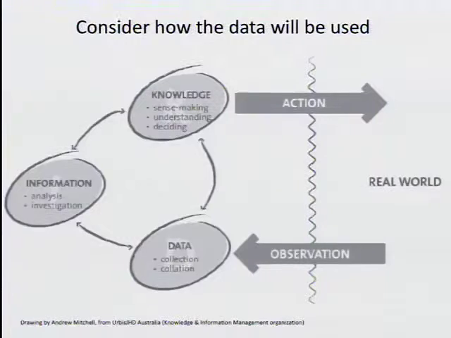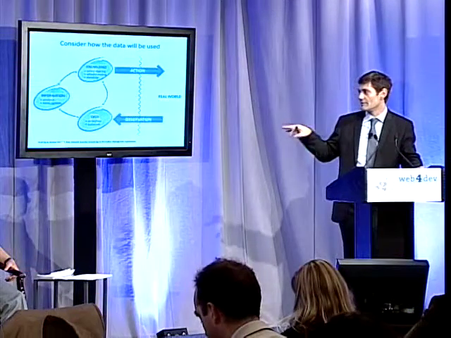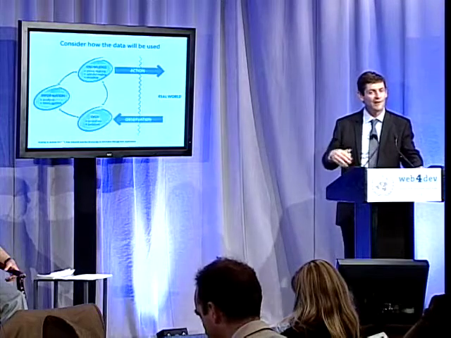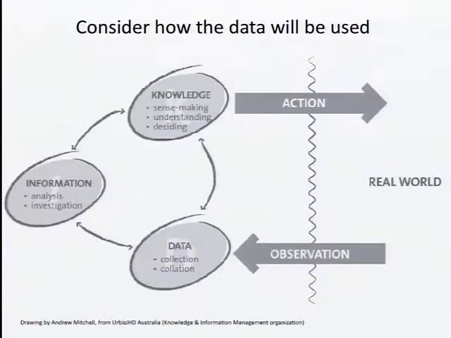So last but not least, we have been talking a lot about how to gather data. Then we have to think, what will we do with the data once we have it? This is a nice sketch that I like, in which we have at the right-hand side the real world, and then we have all the process until we go and act again in the left-hand side. So down there we have data, how we gather it, and this is what mostly we have been discussing so far.